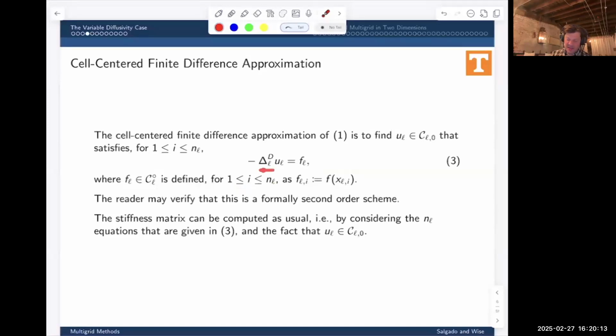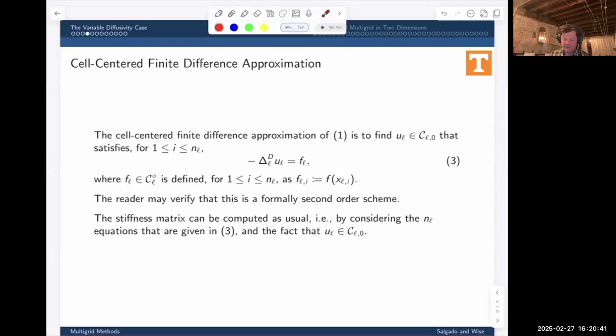Actually, this one doesn't have to be given with an index I. This index here is associated to the definition of this. What is this guy over here? We didn't define that yet. So this is defined as a cell-centered function, but only in the interior. That's the notation we use to designate an interior finite difference function. That means it doesn't have values at the ghost points because we don't actually need the values of f at the ghost points.